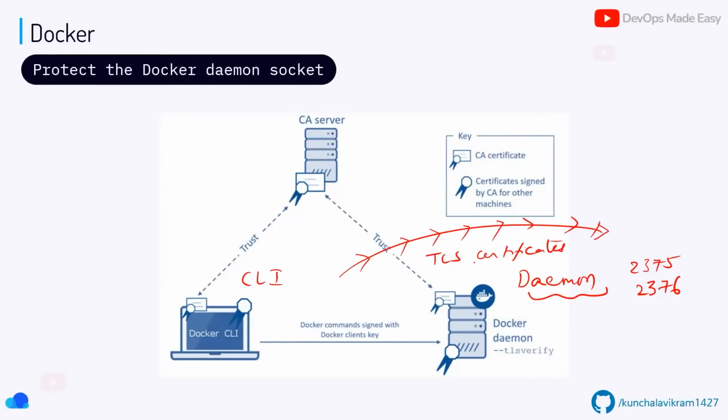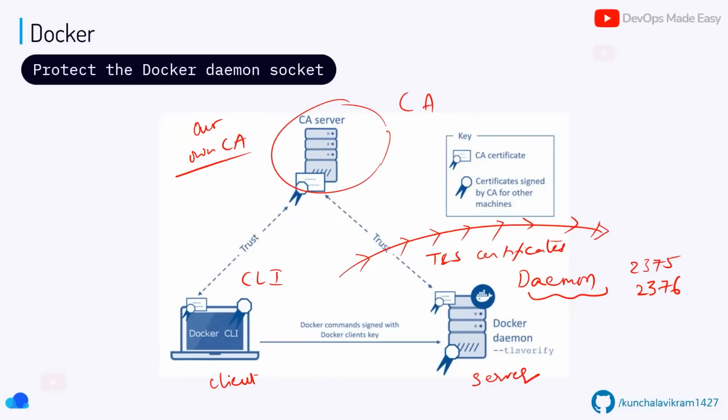Okay. So when we talk about TLS certificates, you have certificates for the client and certificates for the server. These are signed by your certificate authority. Since we don't have a public CA, we will create our own private CA.